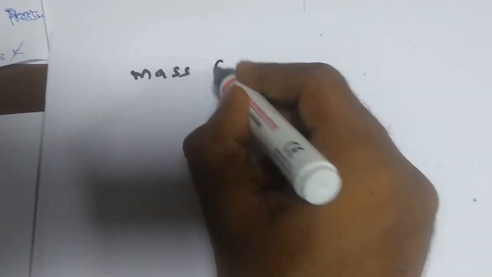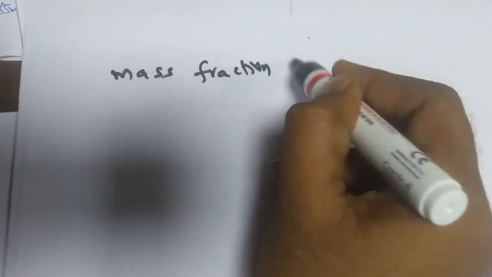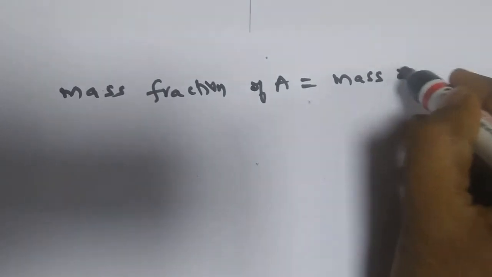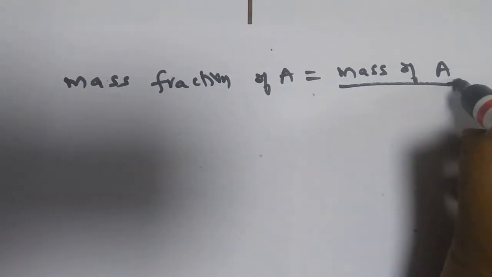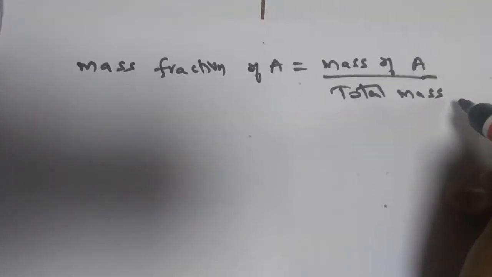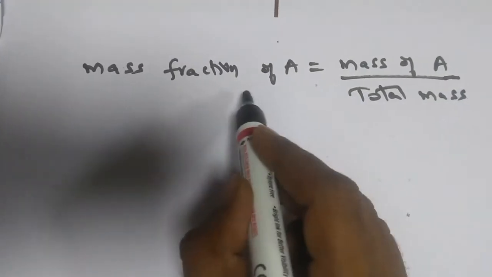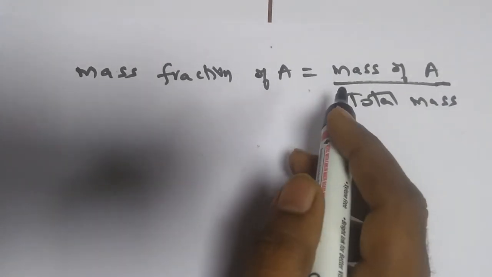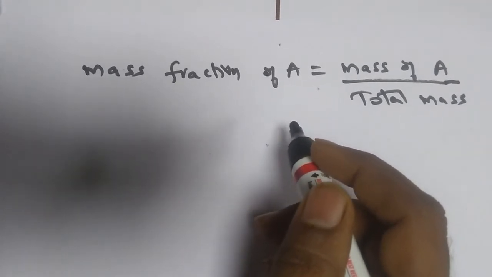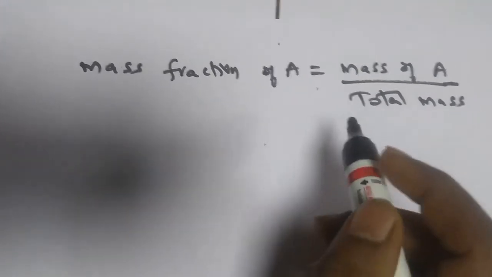Similarly, the mass fraction of A is equal to mass of A divided by total mass. Mass of A divided by total mass is defined as the mass fraction of A. Although mass fraction is the correct word, by custom ordinary engineering usage employs the word weight fraction.